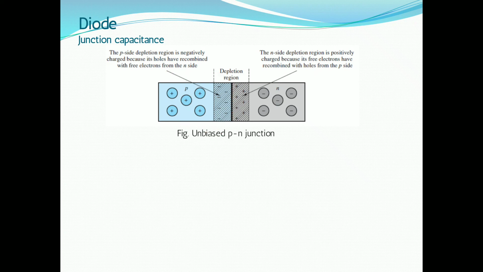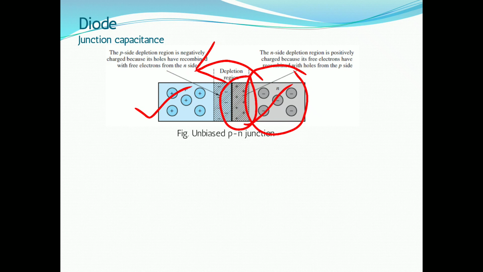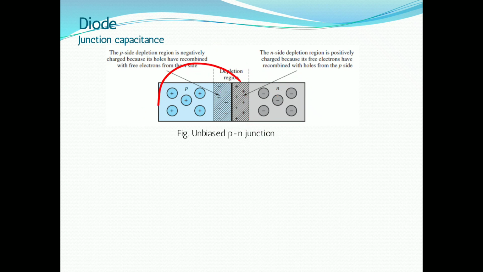So these are acceptor impurities, and these are donor impurities in the n region. In the n region they have donated the electrons, that's why there is a positive charge, and towards the p region, I repeat, they have accepted the electrons, that's why there is a negative charge.